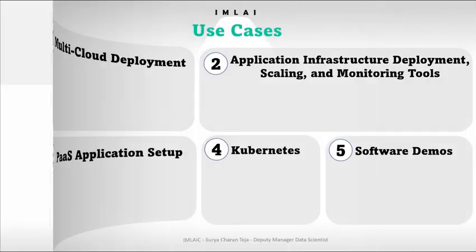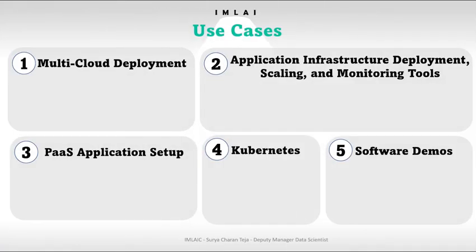So now let's look into some of the use cases of Terraform. HashiCorp Terraform is an infrastructure as code tool, that's an IaC tool, that lets you define infrastructure resources in human readable configuration files that you can version, reuse, and share.